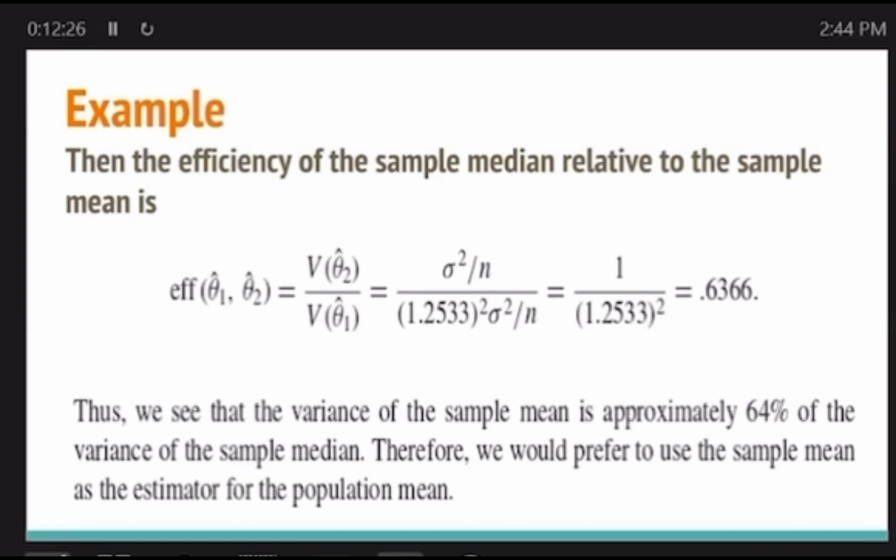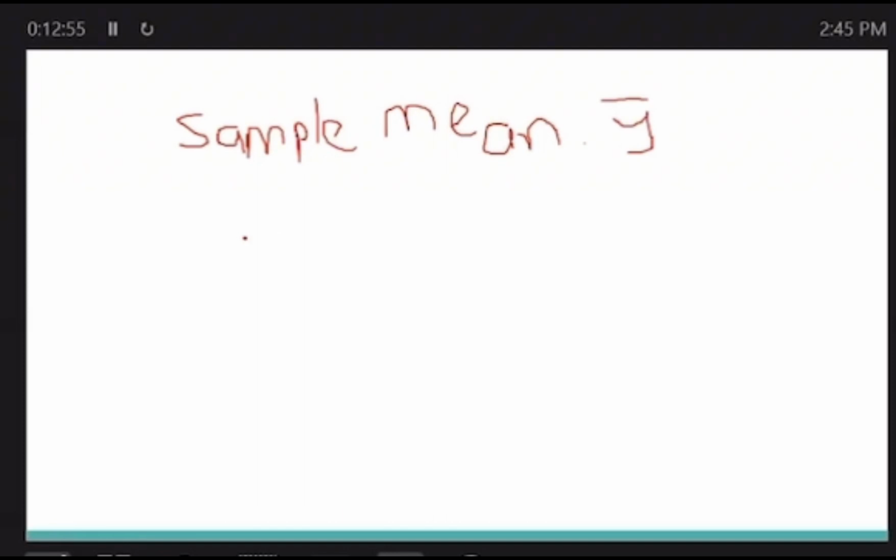I've created this. I'll give you one second. If I want to talk about the sample mean, and then the sample median: the sample mean, if I'm talking about y, is going to be y bar. Then we also have the sample median.